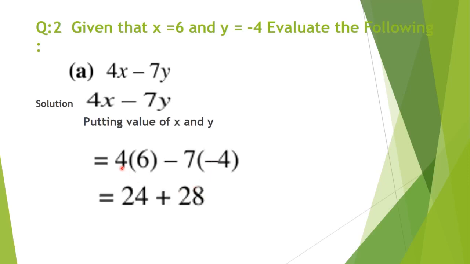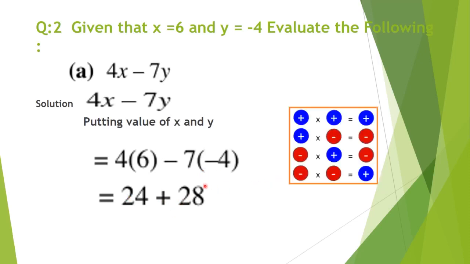Multiply 4 with 6, the answer will be 24, and multiply minus 7 with minus 4, the answer will be 28, as we know that when two negative numbers are multiplied, the answer is positive. Next, when we add 24 with 28, the answer will be 52.